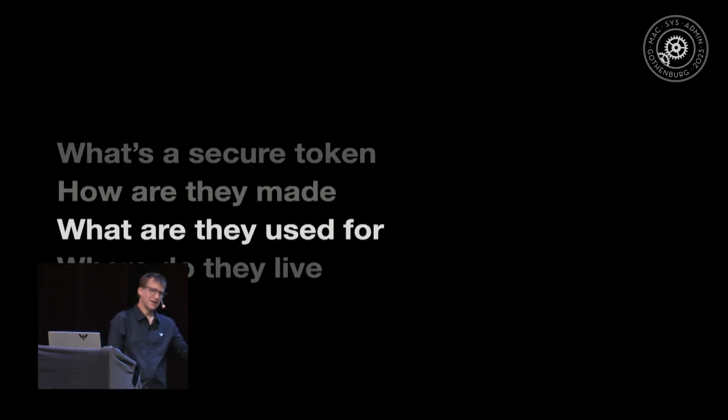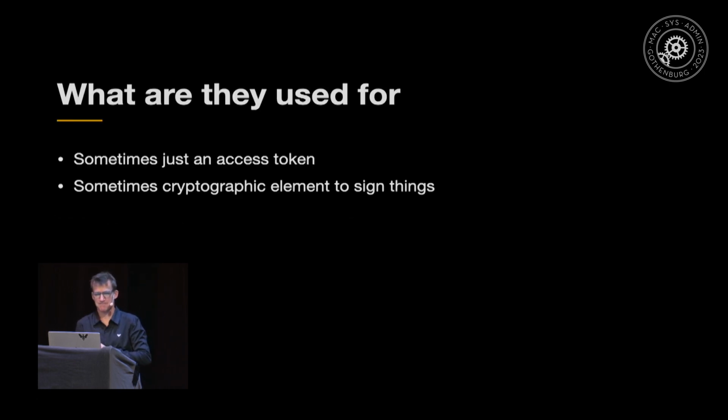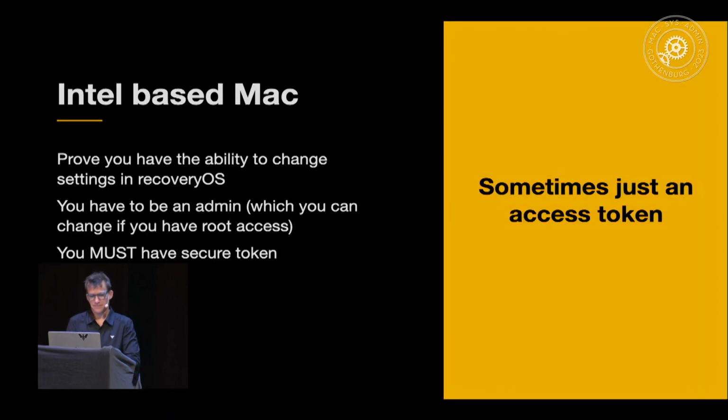All right, so back to Bootstrap and Secure Token, how they're used. They're used sometimes just as an access token. We'll talk about the T2, but also sometimes for a cryptographic element to sign things. For an Intel-based Mac with the T2 chip, you need to prove that you have the ability to change settings in Recovery OS.